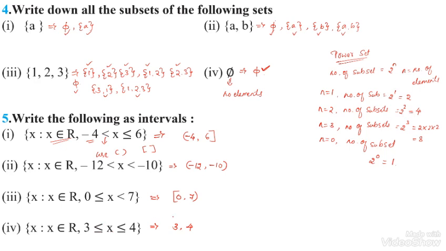Here a less than or equal to condition is there, so write the closed interval. Here also less than or equal to is there, so I write the closed interval. This is the solution of the given problem. Okay, let us move on to the next question.